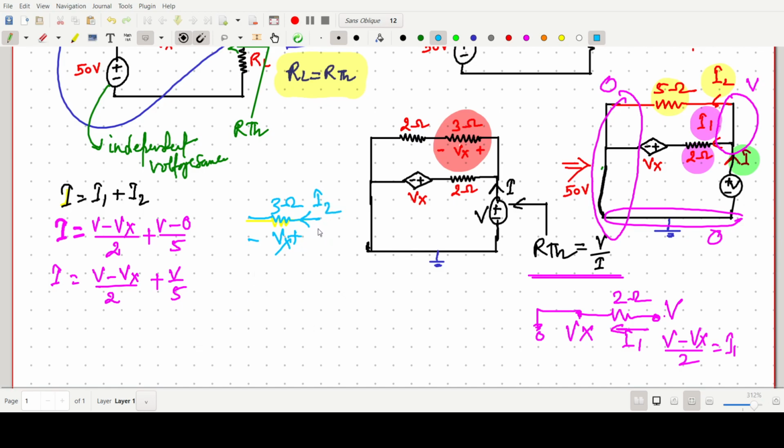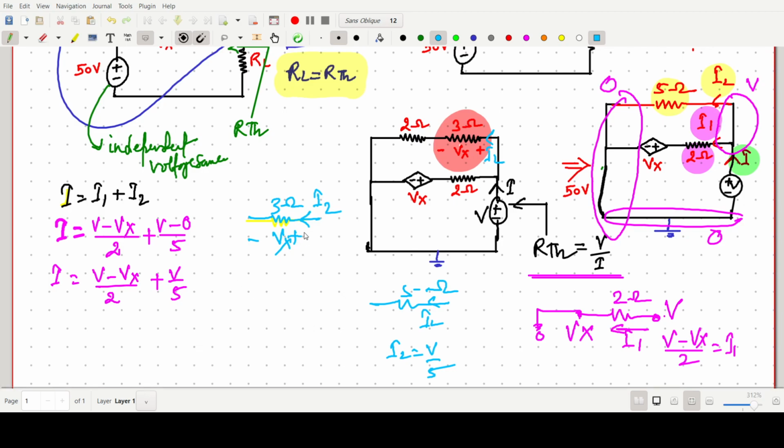I2 is simply this current, and it is V by 5. This is the 5 ohm resistance and the I2 current is going through it, so I2 equals V by 5.